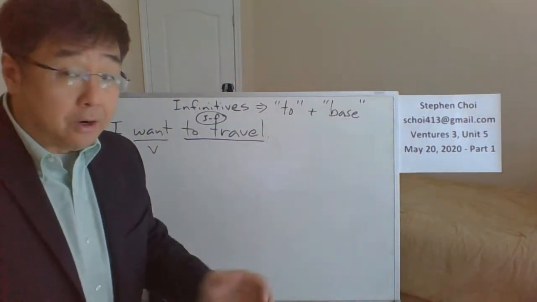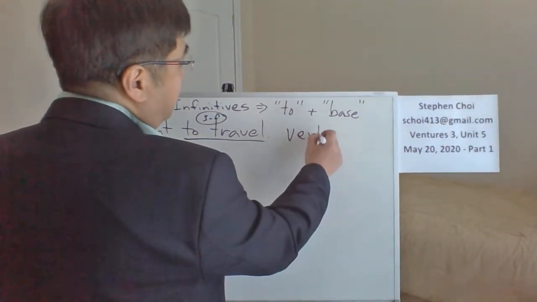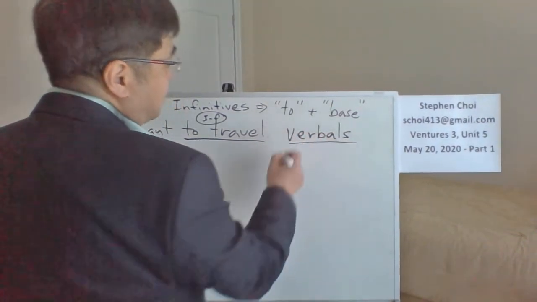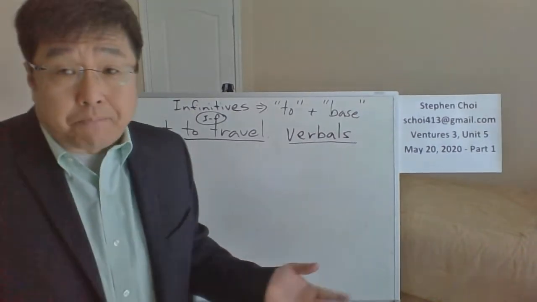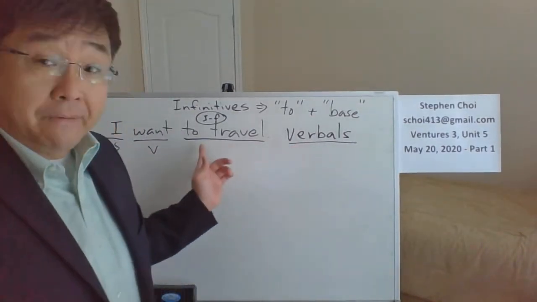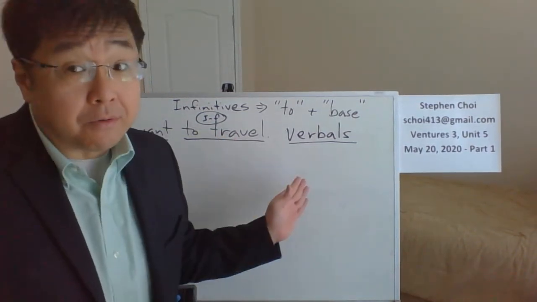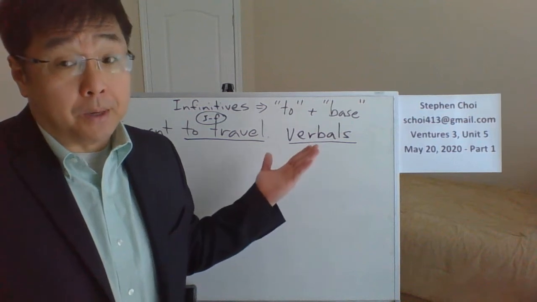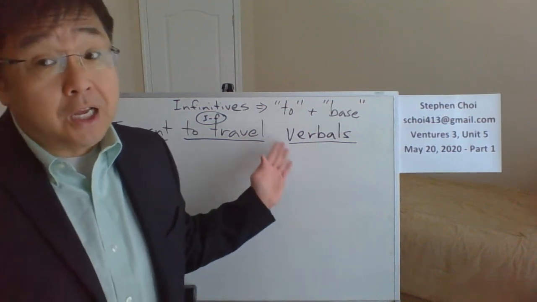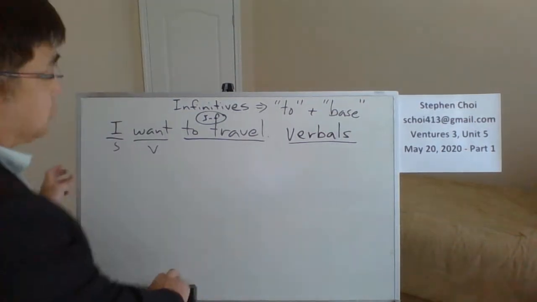They look like verbs, but they're not verbs. Because they're from verbs, we'll call them verbals, just like gerunds and past participles. All those forms are called verbals, including the infinitive.